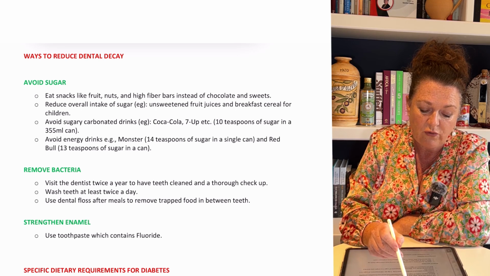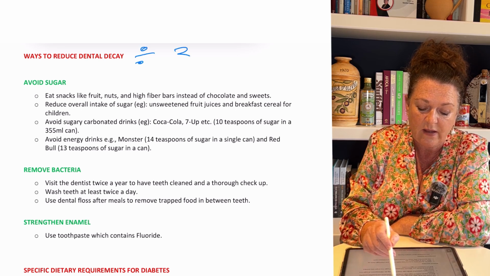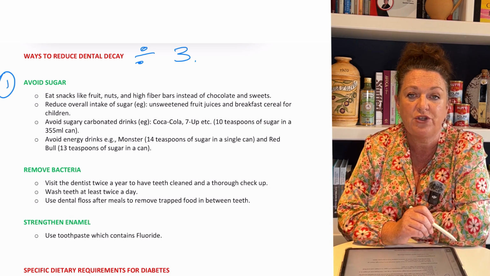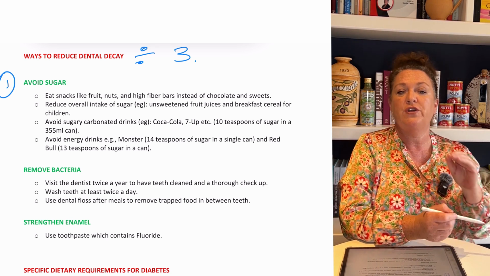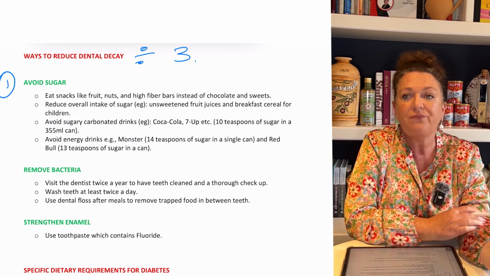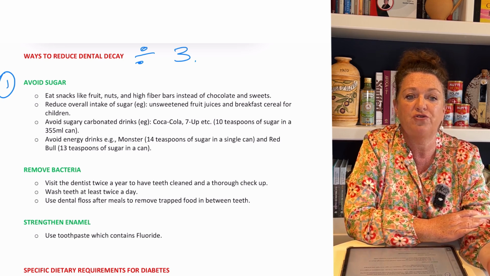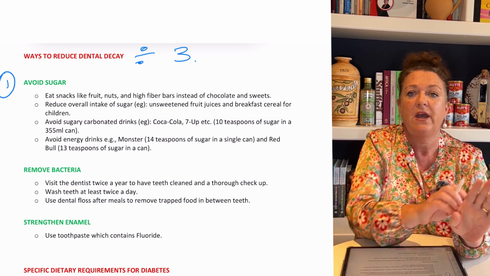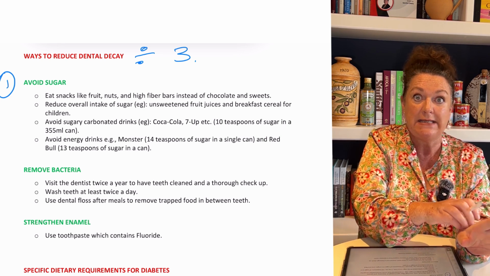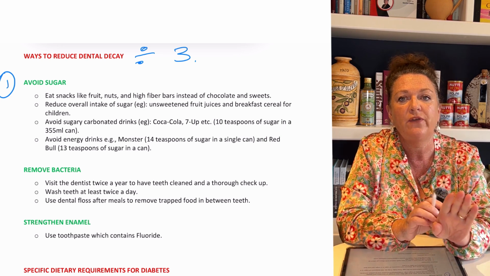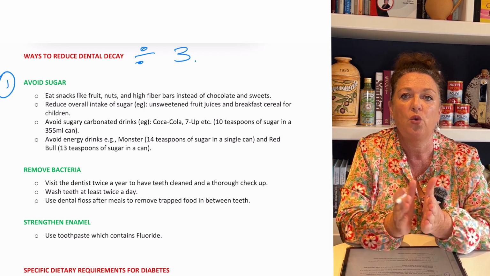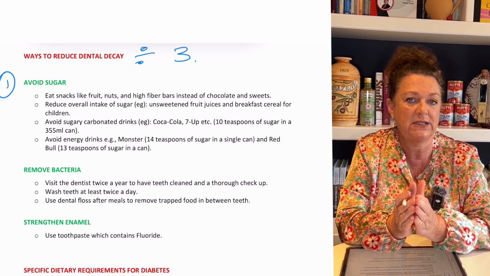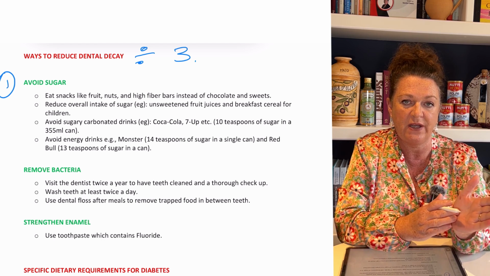So ways to reduce dental decay, there are 3. Number 1, avoid the sugar. Like one 330ml standard can of fizzy carbonated drink, like a can of cola, a can of 7-Up, a can of Fanta. We're looking at 10 teaspoons of sugar. Now the average adult, we're told we shouldn't be consuming more than 6 teaspoons of sugar per day.